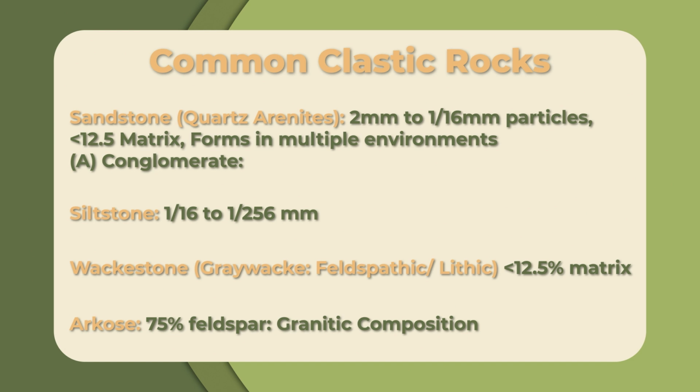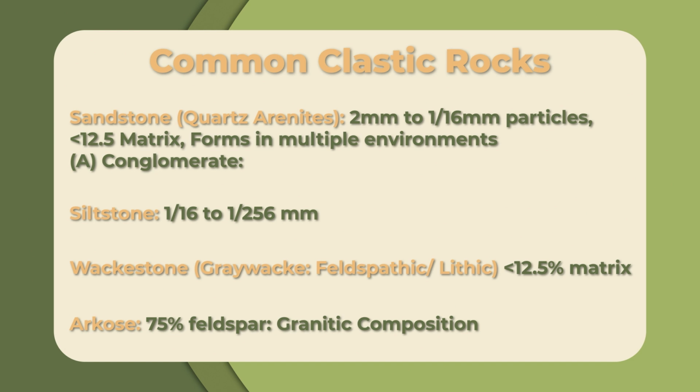Siltstones, as I told you, are 1/16 to 1/256 millimeter. Wacke or graywacke, they are called feldspathic graywacke or lithic graywacke. Feldspathic graywacke is when the feldspar component is more, and lithic graywacke when the rock fragments are more. Wacke is a generalized term and means any rock whose sediments are bound together with fragments of the same material, producing a matrix.